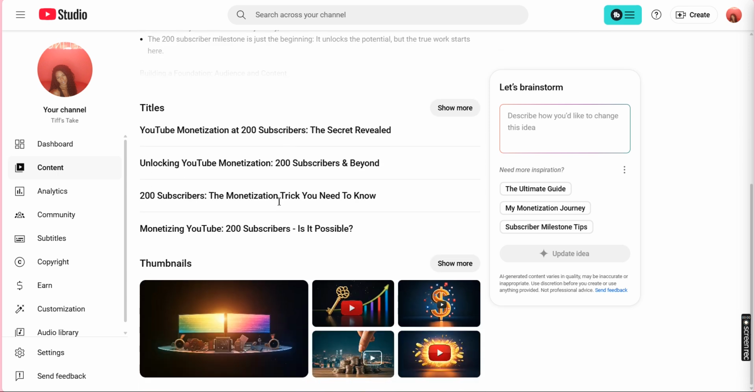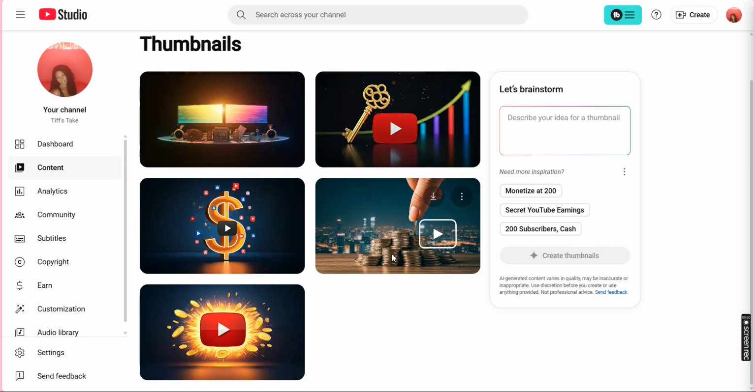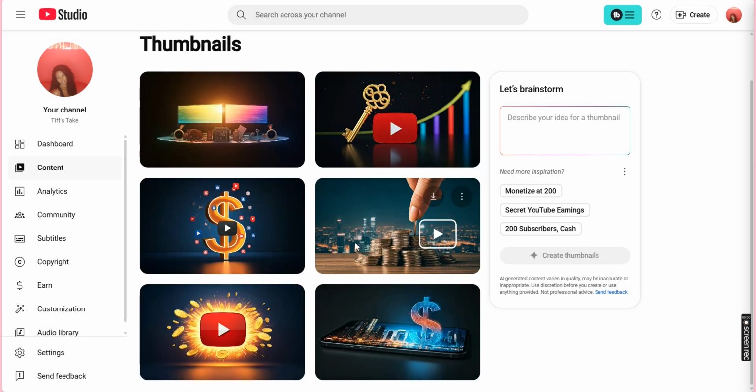And then the other thing is thumbnails. It's also going to give you some ideas of thumbnails that are going to help you to increase the search engine optimization of those titles.